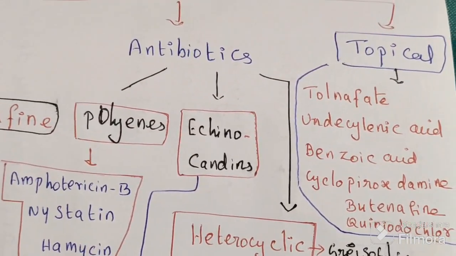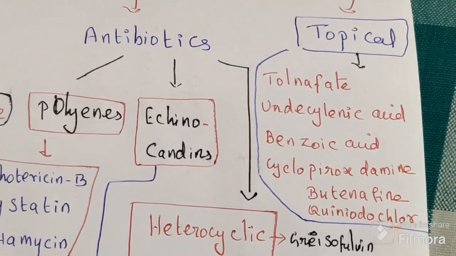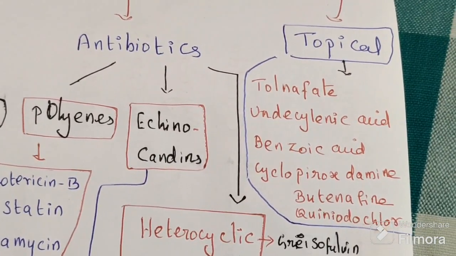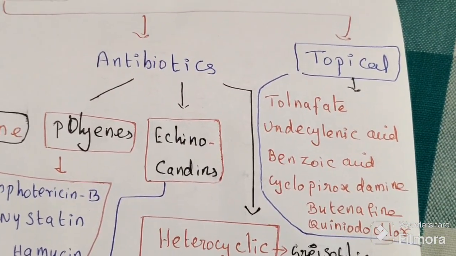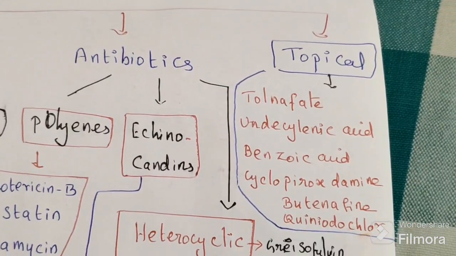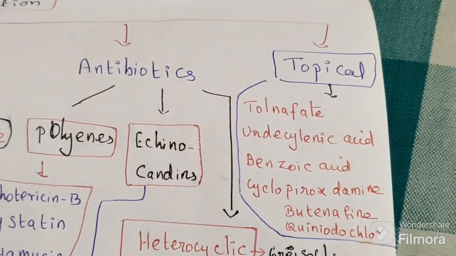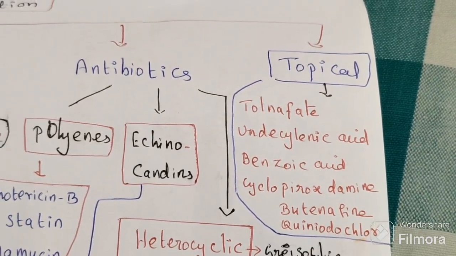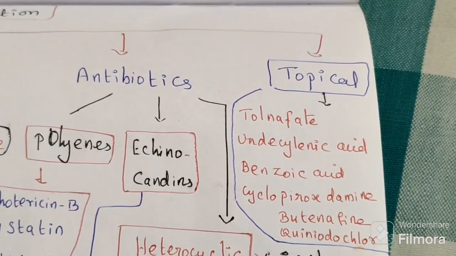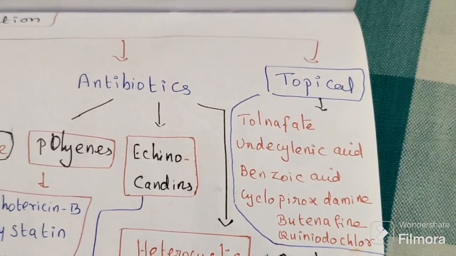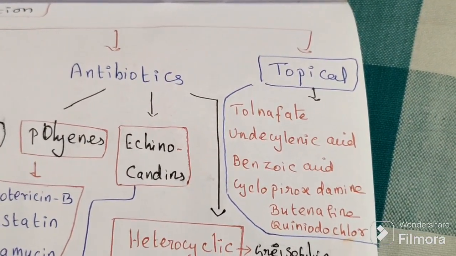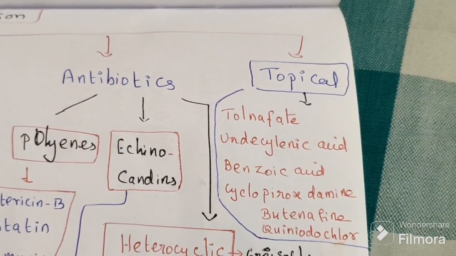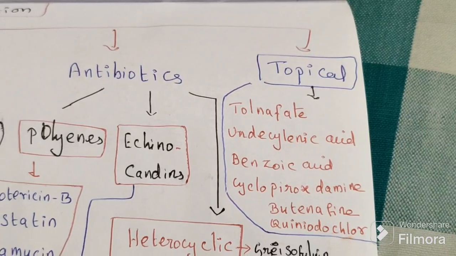The fourth group of drugs, topical agents, include tolnaftate, undecylenic acid, benzoic acid, ciclopirox, butenafine, and haloprogin.